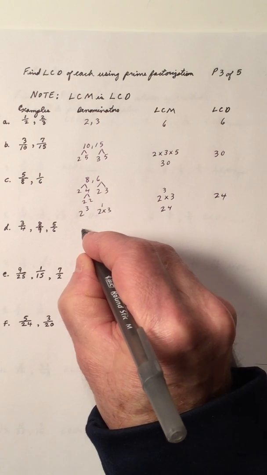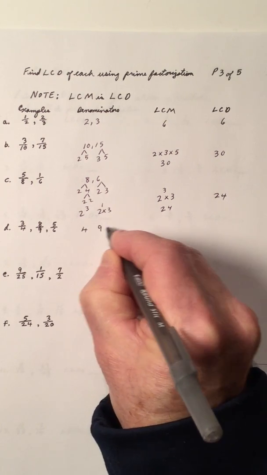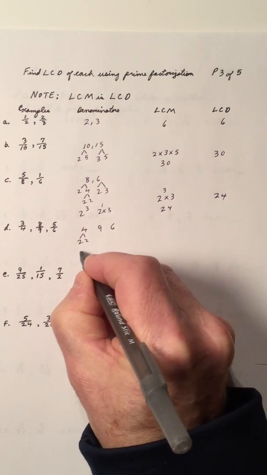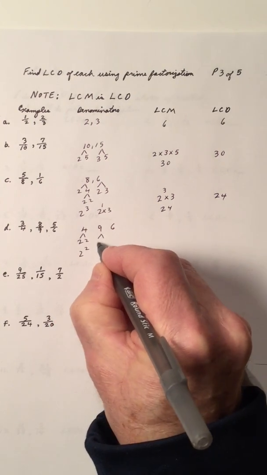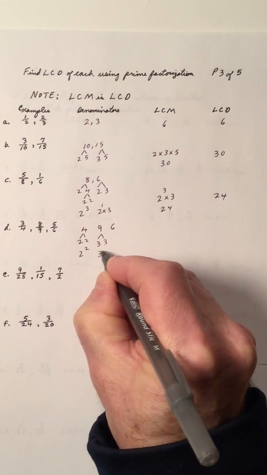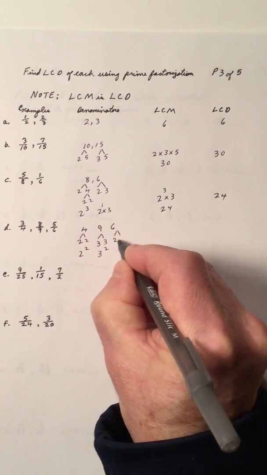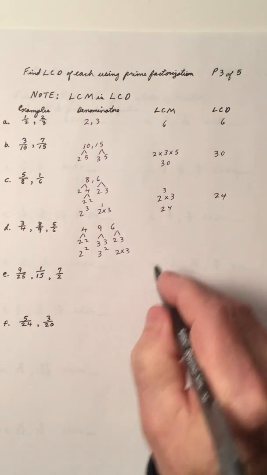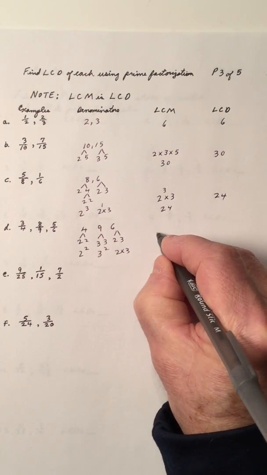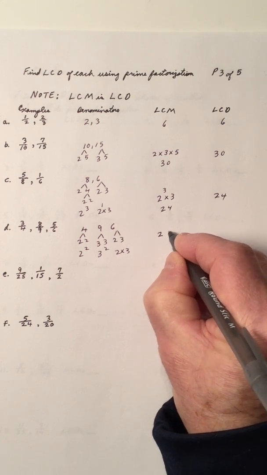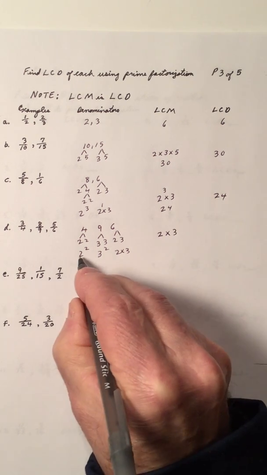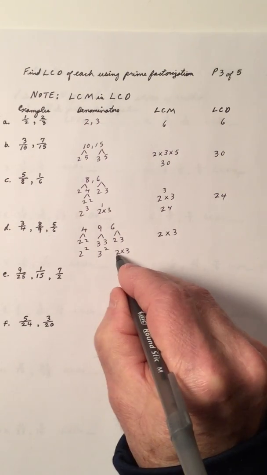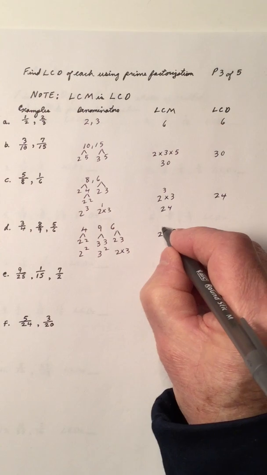The denominators are 4, 9, and 6. 4 is 2 times 2, which is 2 squared. 9 is 3 times 3, which is 3 squared. 6 is 2 times 3. There's your prime factorization of each number. Now, least common multiple, we write down each factor, a 2 and a 3. There's a 2 and a 3 only. The largest exponent of 2 is a 2.